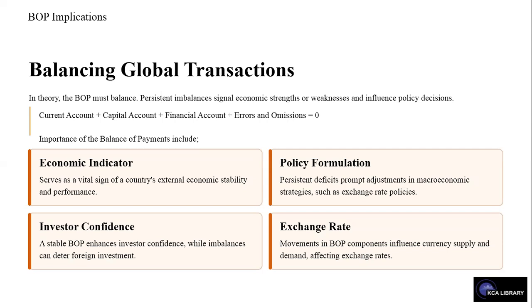And what is the importance of the balance of payments? The first is as an economic indicator, as it serves as a vital sign of a country's external economic stability and performance. Also, as per policy formulation, persistent deficits prompt adjustments in macroeconomic strategies such as exchange rate policy.